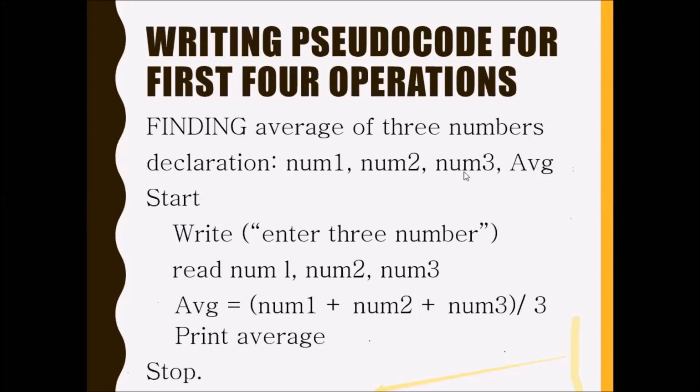So here we have 1, 2, 3, 4 variables: num1, num2, num3, and average. Now this is what I was saying. Some persons will list 4 different variables here, and then when you come down into the algorithm, you find different variables.